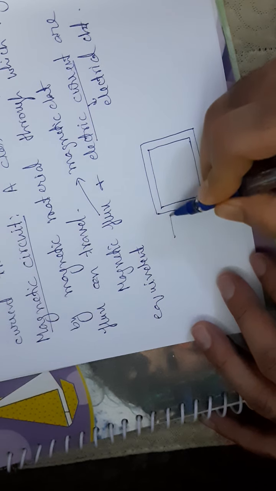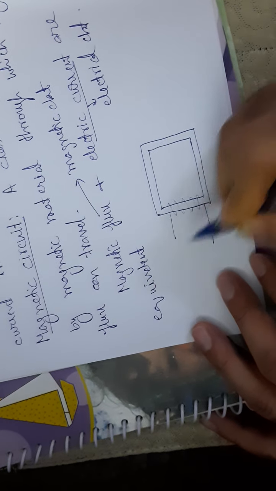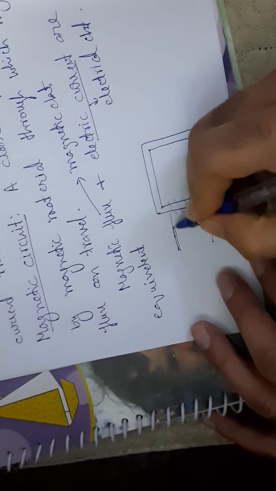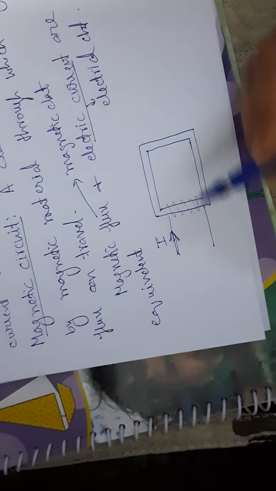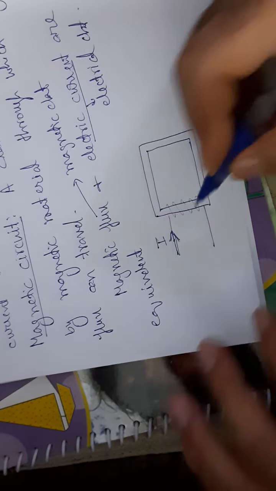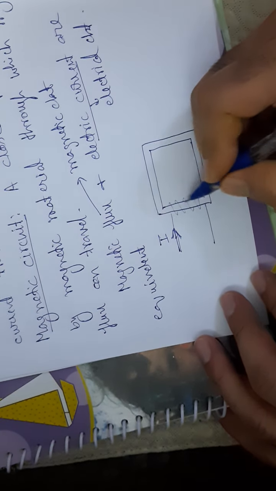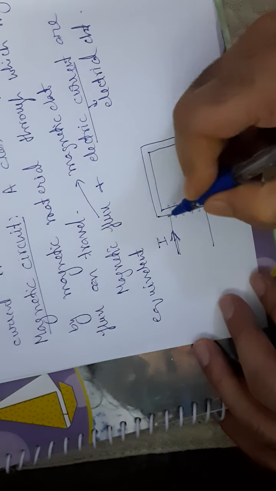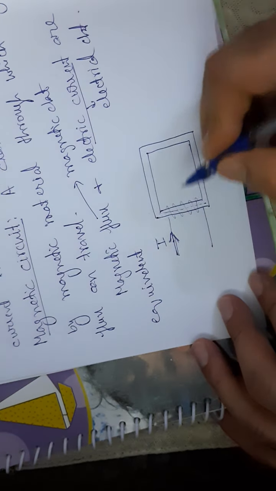What I am doing here is using a winding, and through this winding some current I is flowing. Here we have the source, and this current I flows in this winding. Because of this current, some flux will be generated depending upon the magnitude of current and the number of turns of the coil. I am showing the flux with a dotted line.